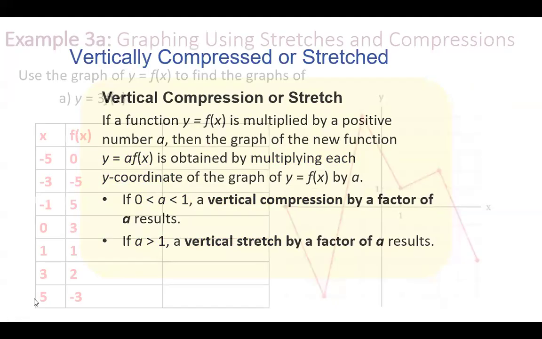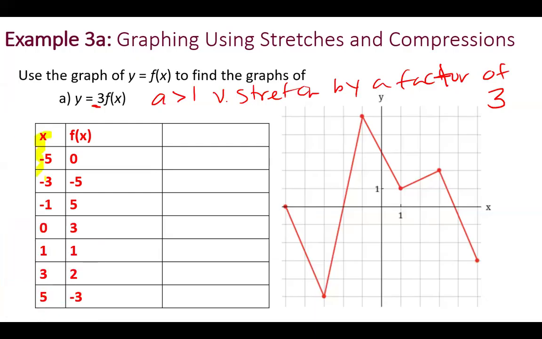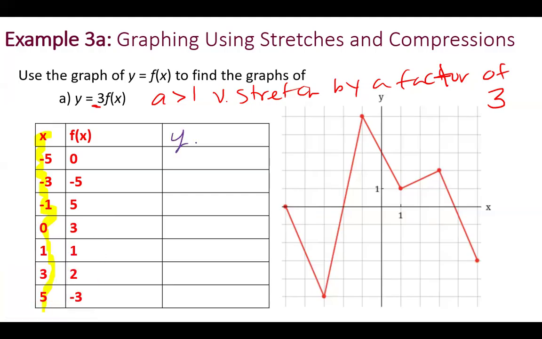Multiply each y coordinate. Okay. I'm not touching the x coordinate, am I? It says each one of my y coordinates is what the change is happening to. So for this transformation, my new y's come from taking 3 times my old y's, right? So every y is being multiplied by 3.